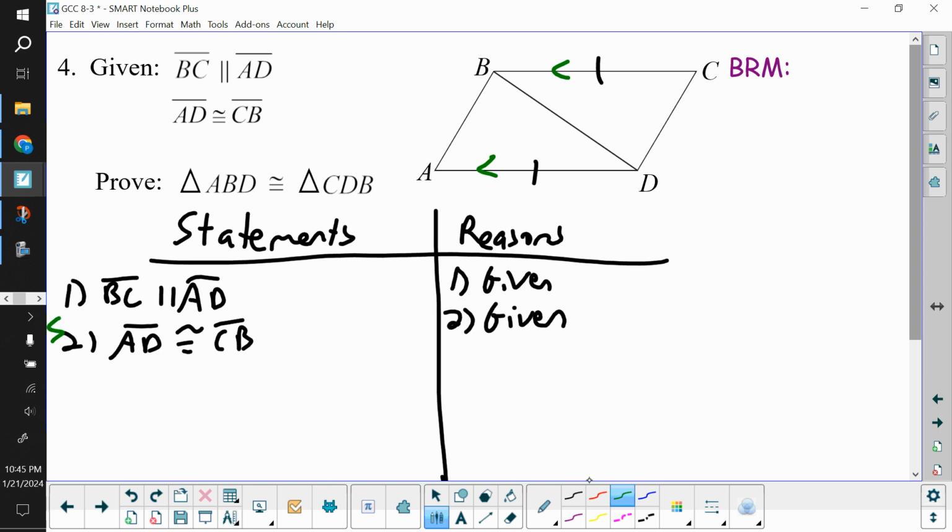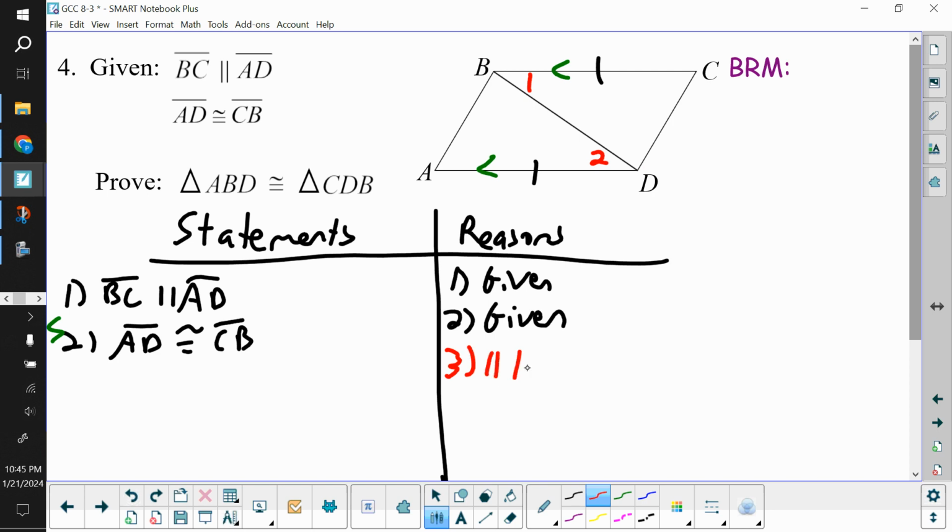Well, based on our parallel, if we do a zigzag that involves the parallel lines, this is the only zigzag that involves the parallel lines. So those angles of the zigzag, I'm going to number them to make it easier to work with. So I'm going to number them 1 and 2.